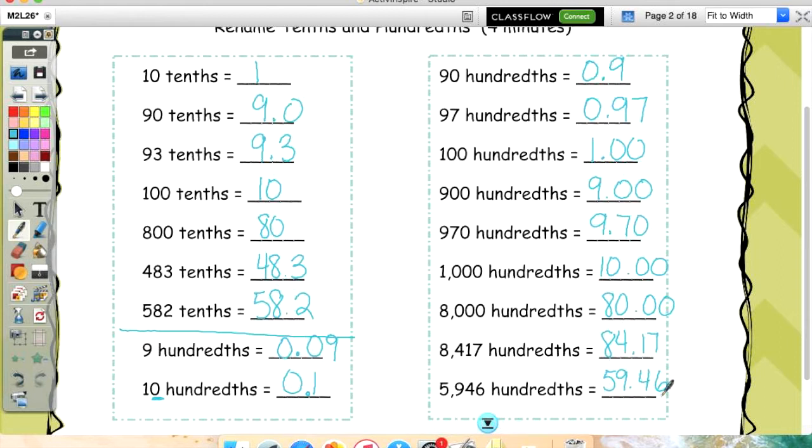Okay, so which ones of these can I get rid of? All the zeros that are at the end, right? Yeah. So watch what I'm erasing here. Is that good? Yeah.